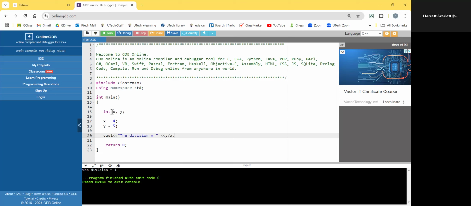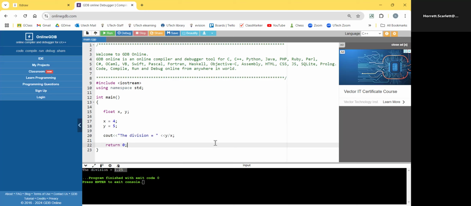If we change the data types to, for example, float, and we re-execute, then we're now seeing the entire value, 1.25. So we're seeing both the quotient as well as the remainder.